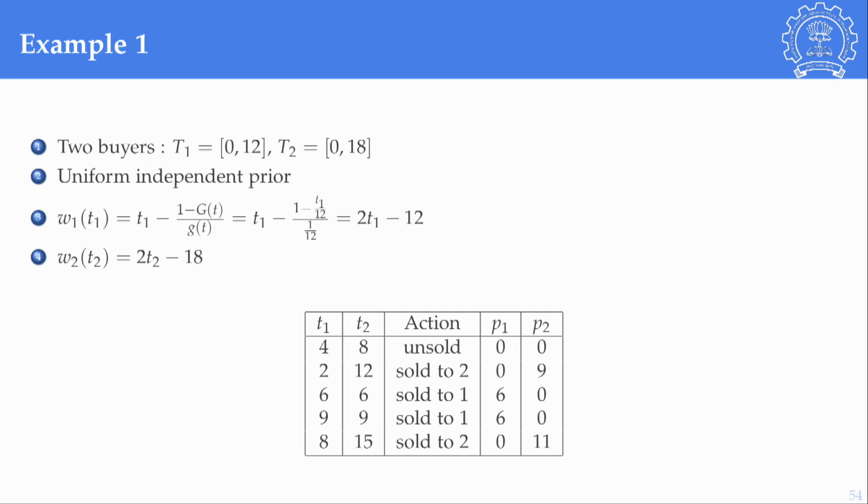Clearly, you cannot compare this and that. So, the virtual valuation is maximum for agent 2, but agent 2 will not start becoming the winner until it crosses the 0 value.